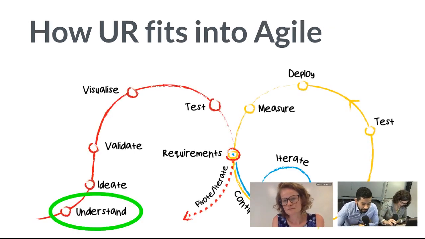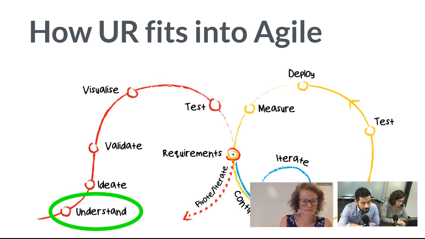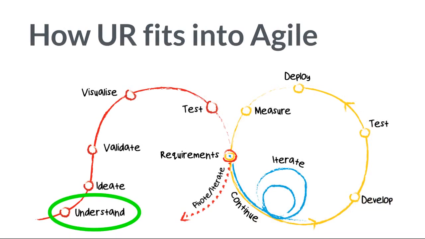Yes. So basically, remember the yellow circle that we saw in the previous slide? That's the actual sprint, right? But usually when you are creating a new idea, we add this red circle, which is the process of understanding and creating the idea for the first time. And there are several points in there.